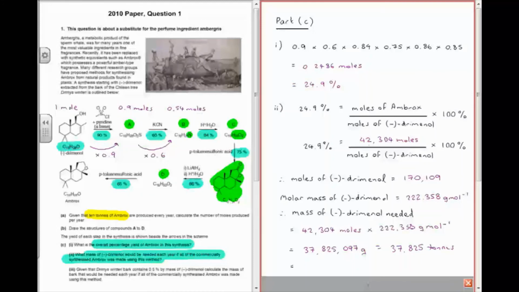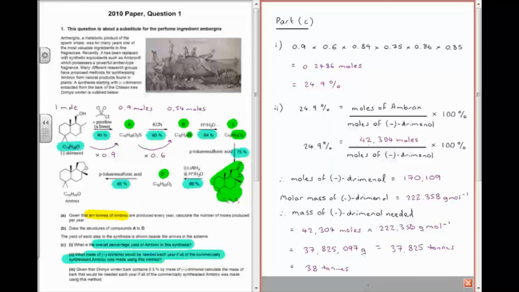Again though, we need to give our final answer to the same degree of accuracy as the least accurate number in our calculation. All of these calculations are based on the fact that we need to produce 10 tonnes of ambrox per year, and so we can only give our final answer to 2 significant figures, and so our final answer becomes that we need 38 tonnes of the minus driminol in order to produce the 10 tonnes of ambrox that are produced per year.